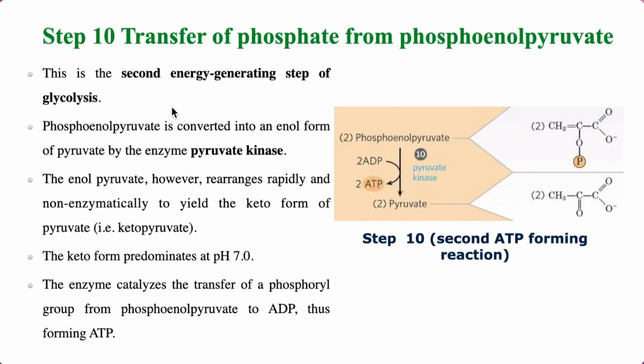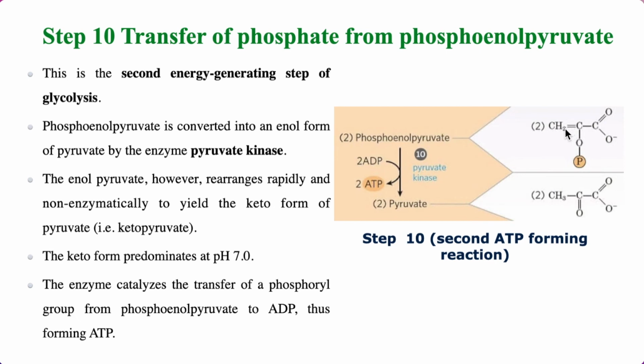And the last step is the transfer of phosphate from phosphoenolpyruvate. This is the second energy generating step. So the second ATP molecule is formed here. In this step, phosphoenolpyruvate is converted to pyruvate. What happens in this step is CH2, here you can see the double bond.